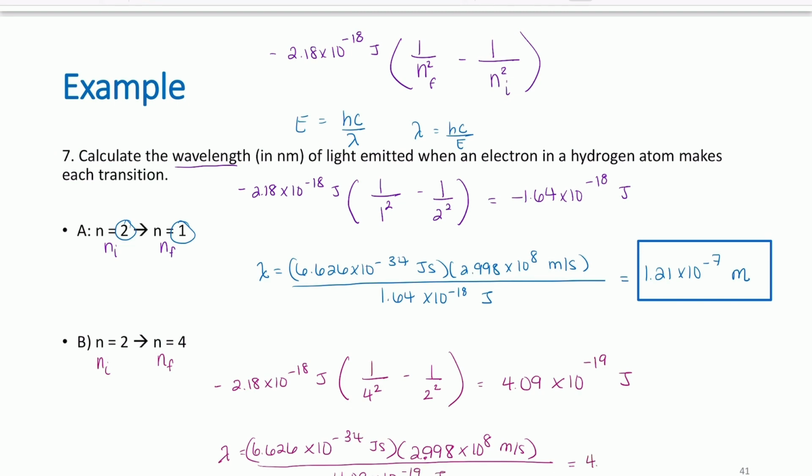And I get 4.86 times 10 to the negative 7 meters. Make sure you're comfortable doing these calculations for the transitions of the electrons between the different energy levels.